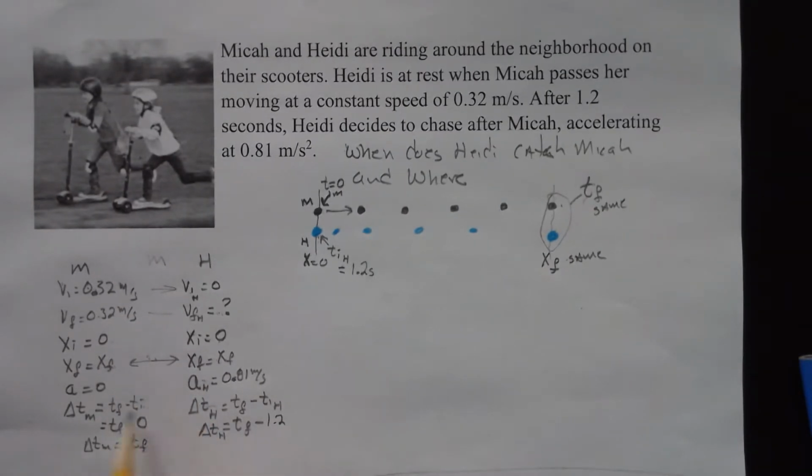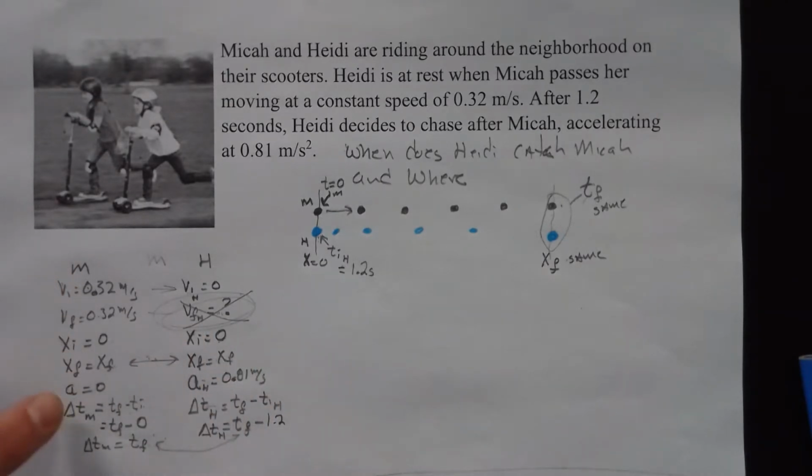I don't know time final, but again, TF is the same, so that's valuable. I can connect the two motions via position at the end and time at the end. The thing that is left out there is the final velocity, so I want to avoid that. I'll get an equation for both of these that doesn't have final velocity in it.